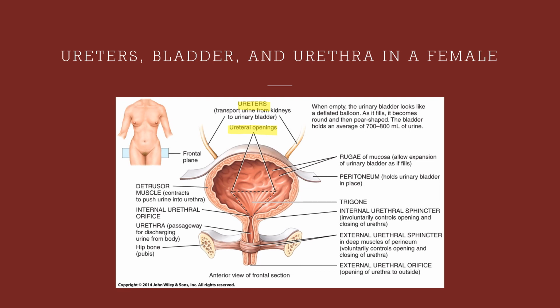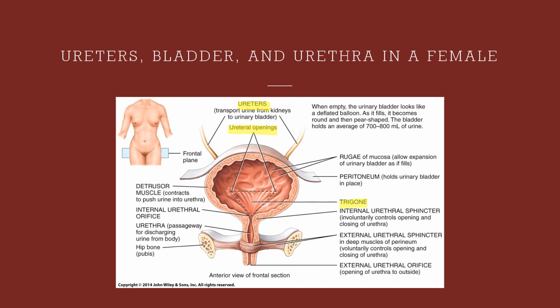The urinary bladder is a hollow, distensible muscular organ that is situated in the pelvic cavity just posterior to the pubic symphysis. In the floor of the urinary bladder is this small triangular area. It's here in these dashed lines, and this is called the trigone.